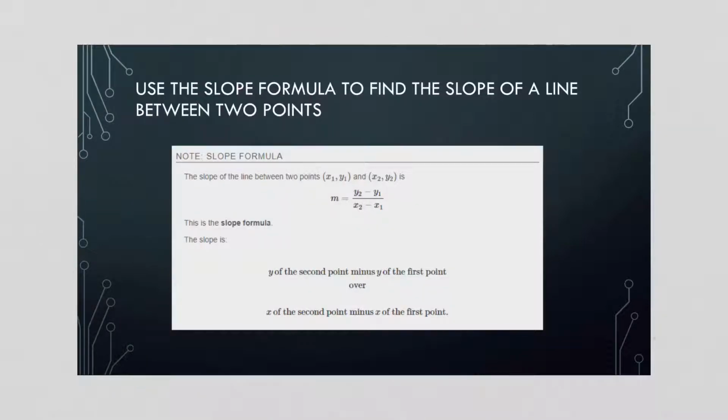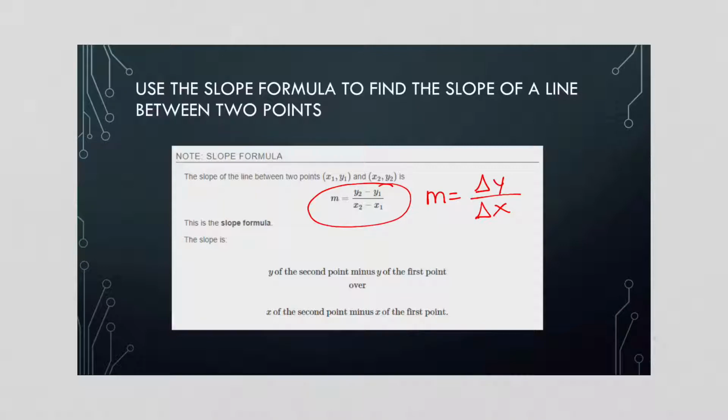Alright, so the slope of a line does have a formula that goes with it. And this is your formula right here. Y sub 2 minus y sub 1 over x sub 2 minus x sub 1. Sometimes you will see this written in a math class as delta y over delta x. Delta stands for change. So you're changing your y's over your change in your x's.